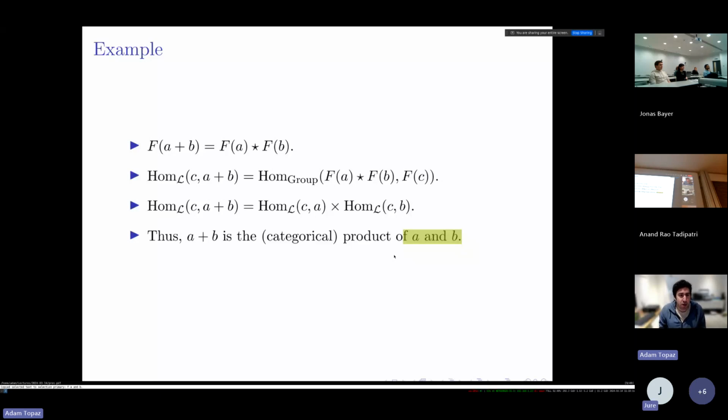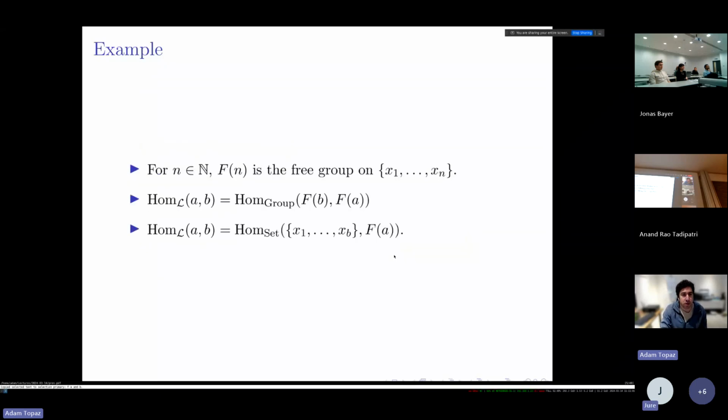Okay, so somehow I started just with the notion of a free group on finitely many generators. That's how we constructed this notion of morphisms between two natural numbers. We just used the definition of a free group and the definition of a morphism between groups.